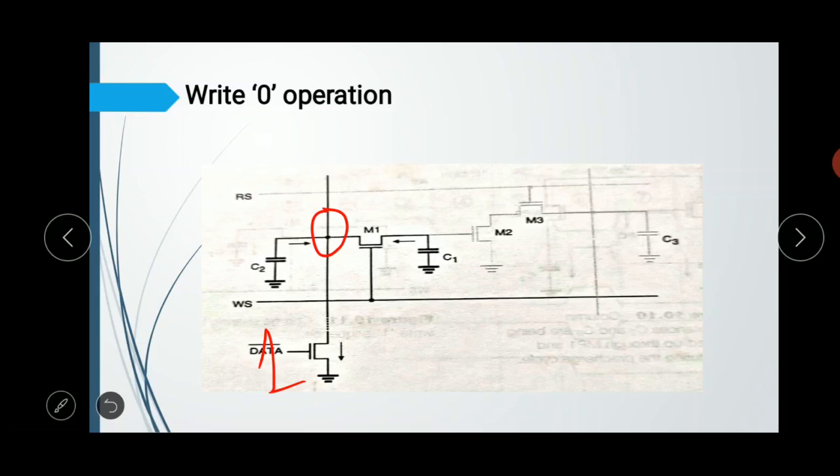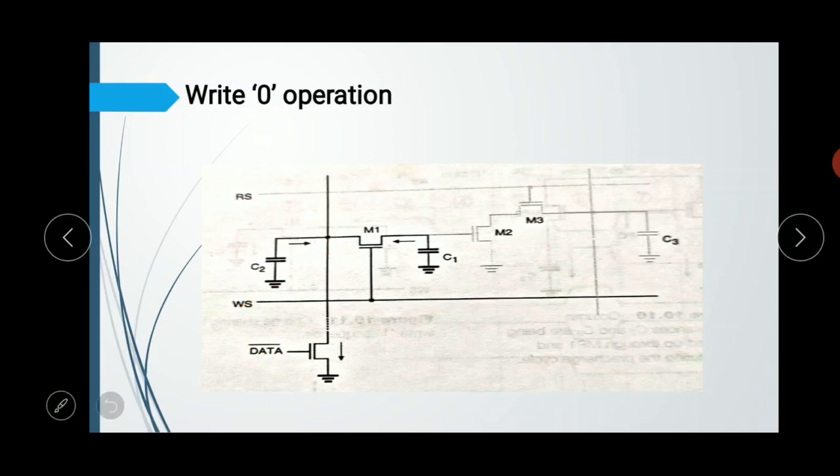The write select signal is pulled high during the active phase of phi 2, meaning this line is activated. As a result, the write access transistor M1 is turned on. The voltage level on C2 as well as that on the storage node C1 is pulled to logic 0 through M1.